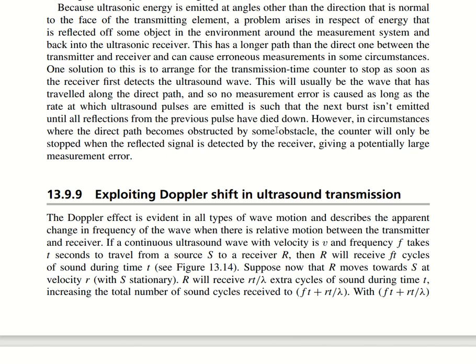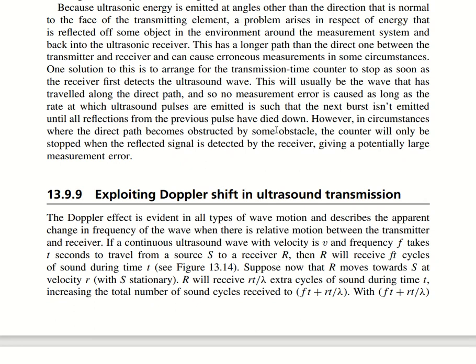Now, because this ultrasonic energy is emitted at angles other than the direction that is normal to the face of the transmitting element, a problem arises in respect of energy that is reflected off some object in the environment around the measurement system and back into the ultrasonic receiver as well. That is no longer the direct path between the transmitter and receiver and can cause erroneous measurement in some circumstances.